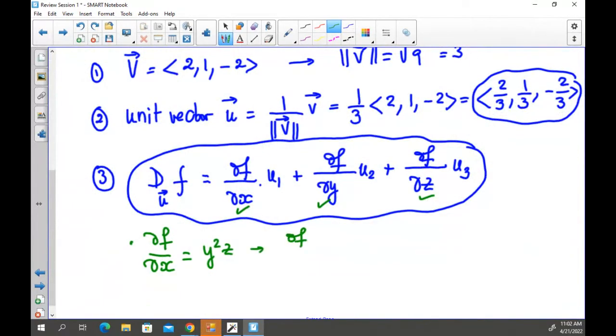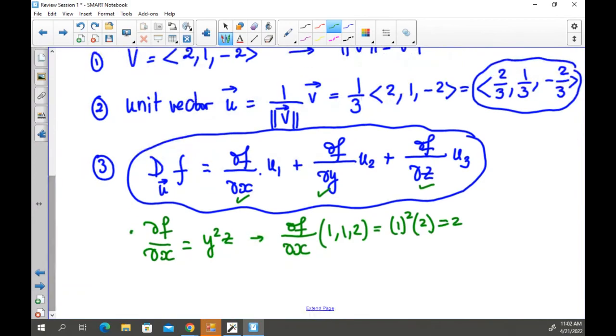So you want to find this at the point 1, 1, 2. So substitute, and you will get 1 squared times 2. So this number is 2. Okay, so there are 6 numbers you need.